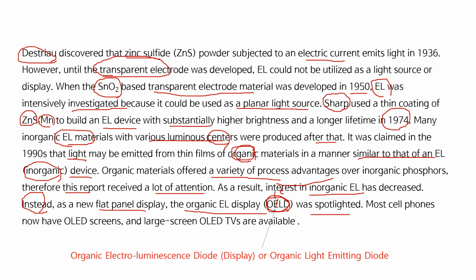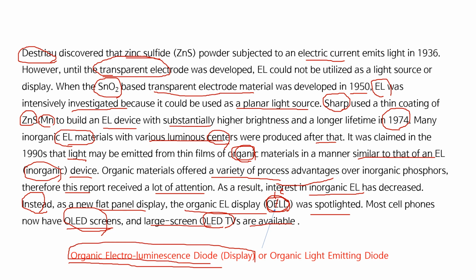Most cell phones now have OLED screens, and large screen OLED TVs are available. OLED is an organic electroluminescence device display, or they also call this organic light emitting diode.